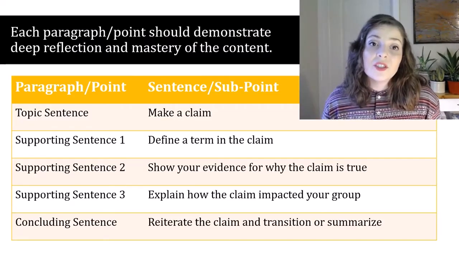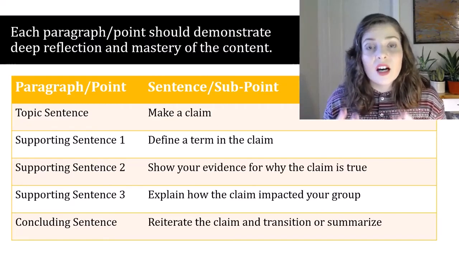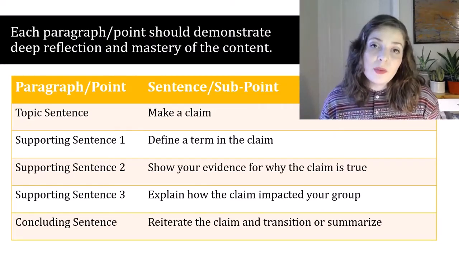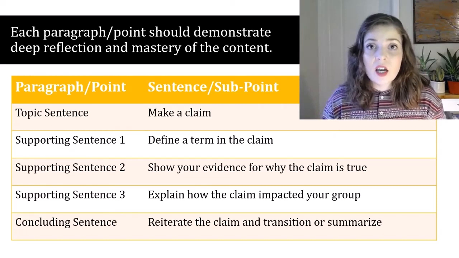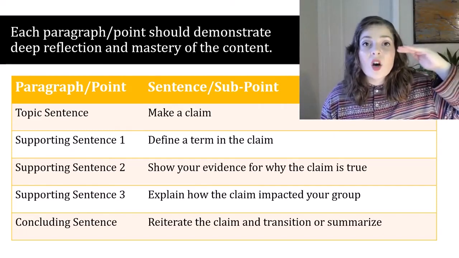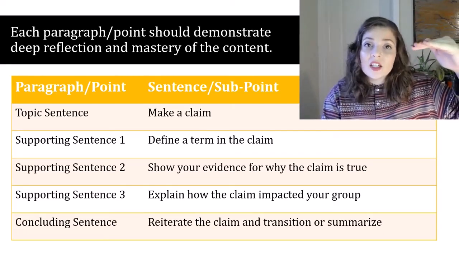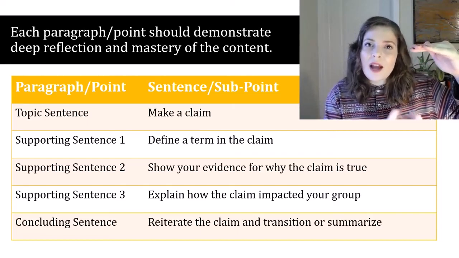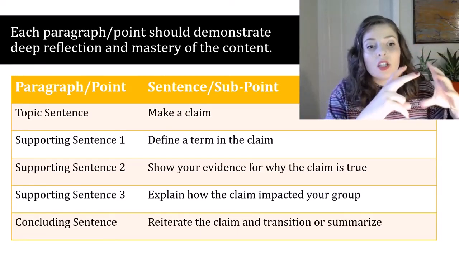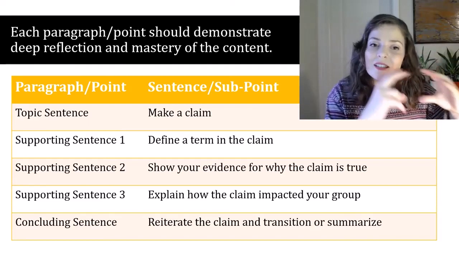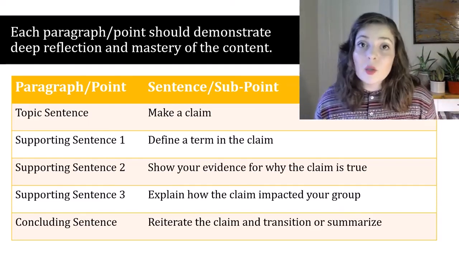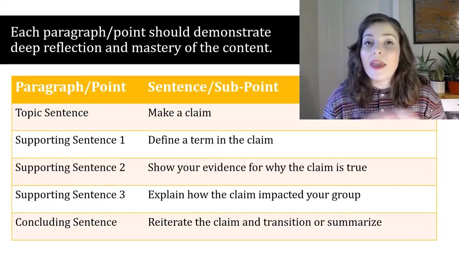Each paragraph should demonstrate that you really thought about the content that is most important to be presented and how you're presenting it to the audience. We have our topic sentence or our main point and our concluding sentence or our kind of wrap-up point. And in the middle, you have three either supporting sentences or main points. An example of how you could structure a paragraph would be to make a claim.